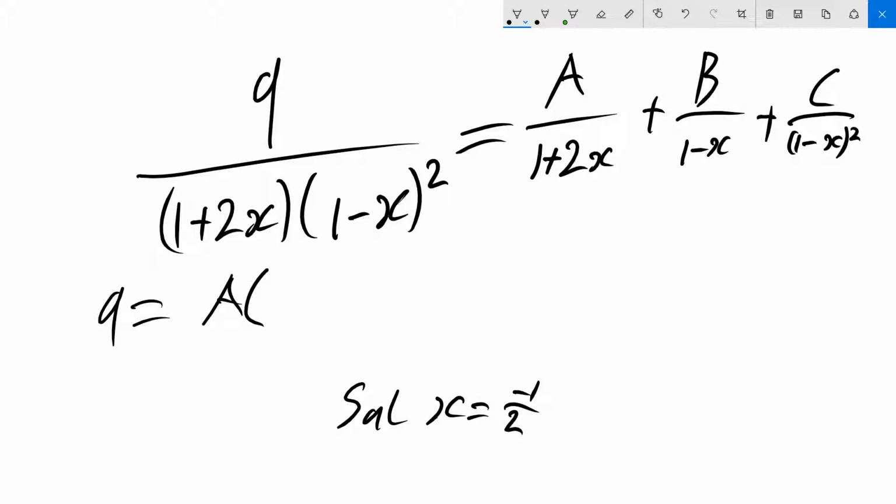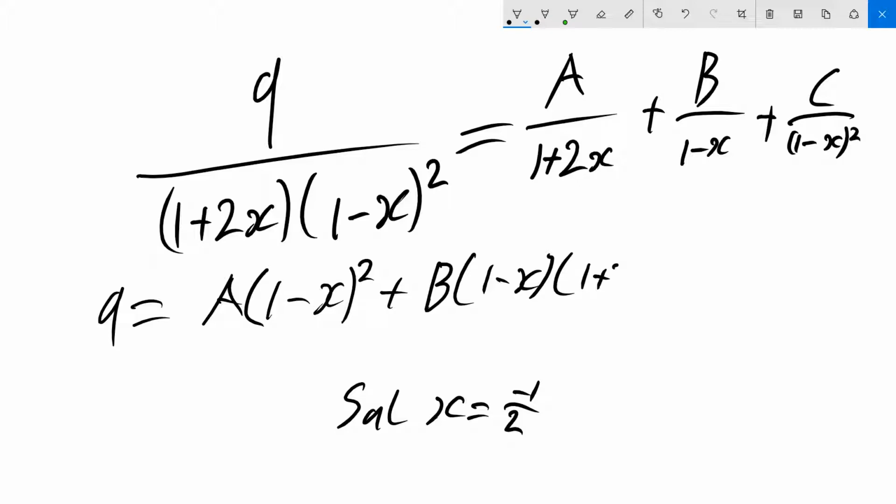A lots of, what is it, 1 minus x squared plus b lots of 1 minus x lots of 1 plus 2x plus c lots of 1 minus, no, or so we now, okay, whoever's editing, cut to now.